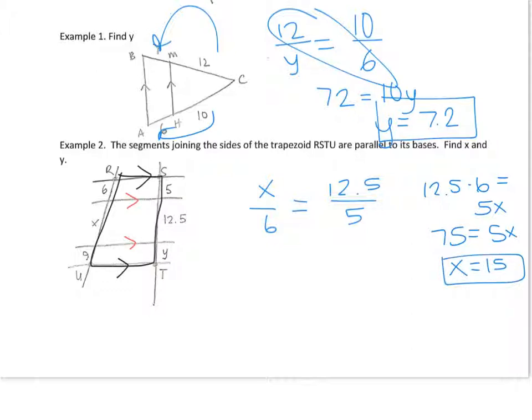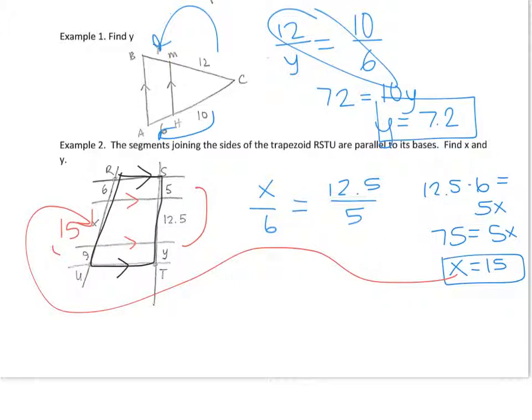And then now I do the y part. So with the y, I'm going to use these two up here. Or actually, you know what I'm going to do? I'm going to sub in 15. Sub in 15 for x. So now you can do 15 is to 9 as 12.5 is to y. And then you cross multiply.